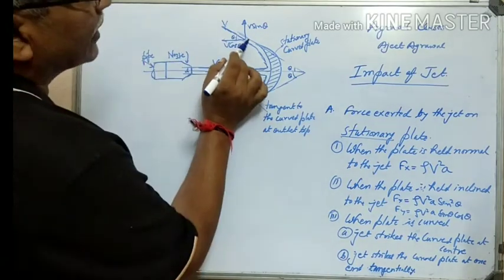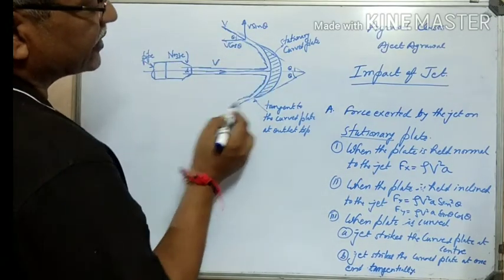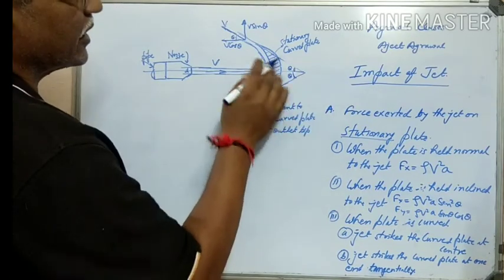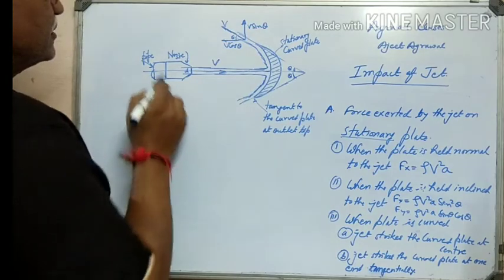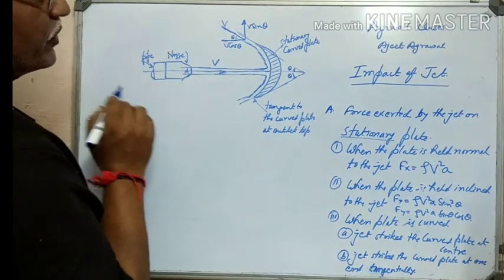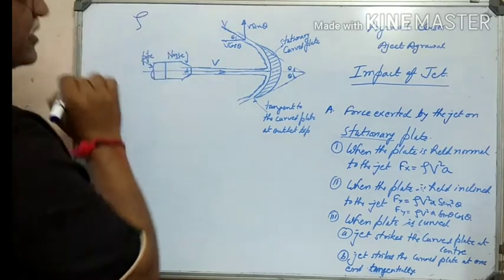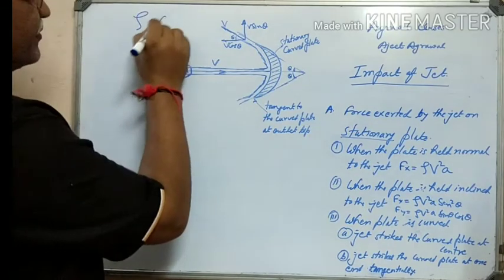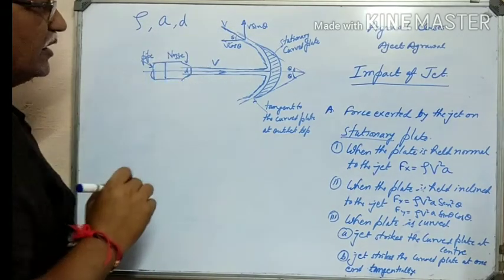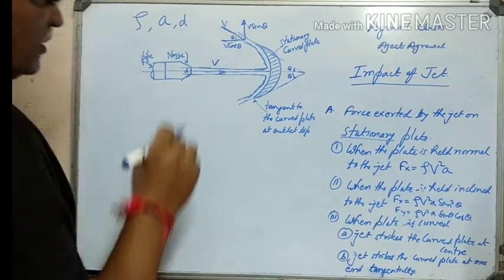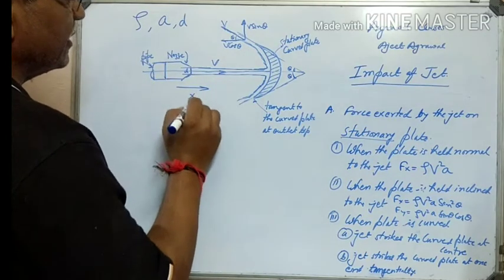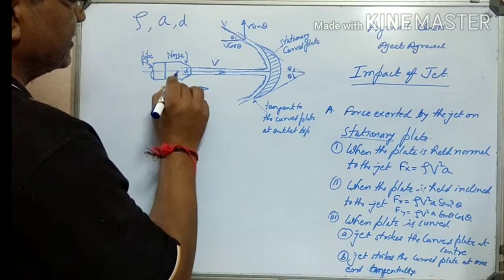If you make the tangent at the exit tip, then here the angle is equal to 2 theta and the half angle is theta. The jet is coming out through the nozzle with a velocity of V. The density is rho. The area of the jet is A, or the diameter of the nozzle is D. So say this is the x direction and this is the y direction.